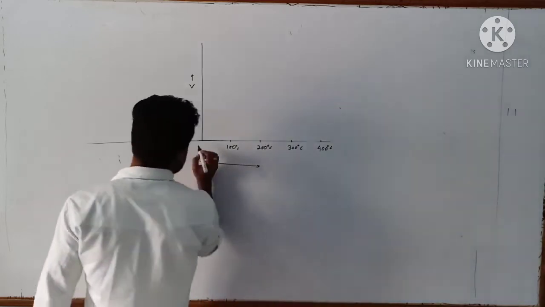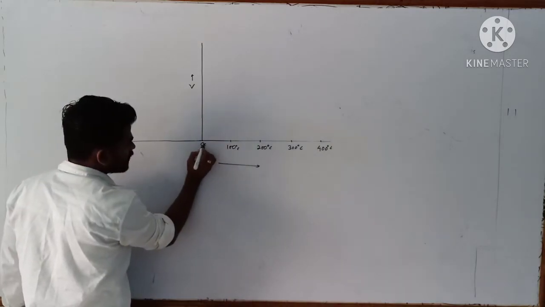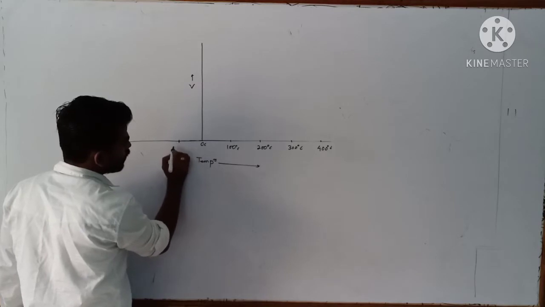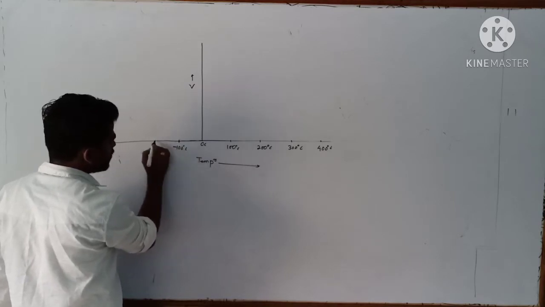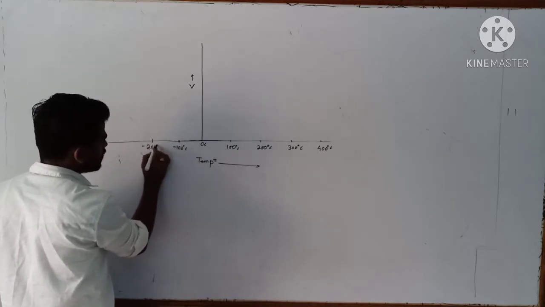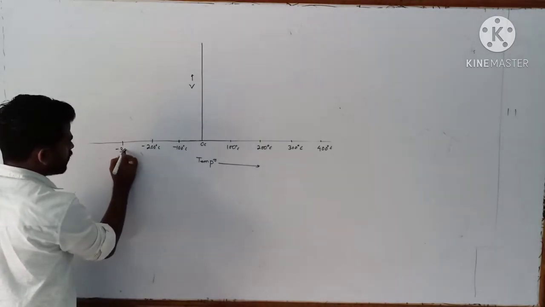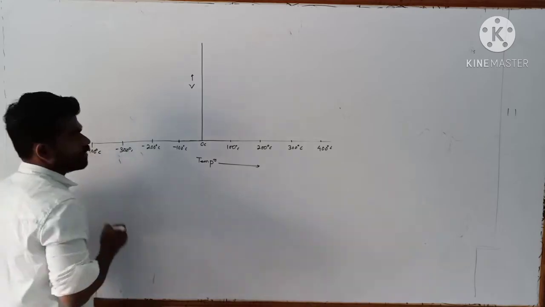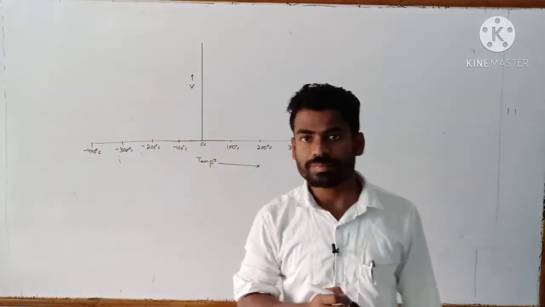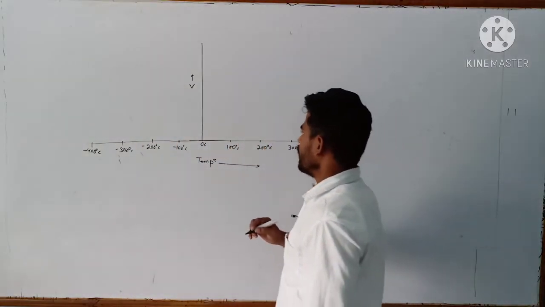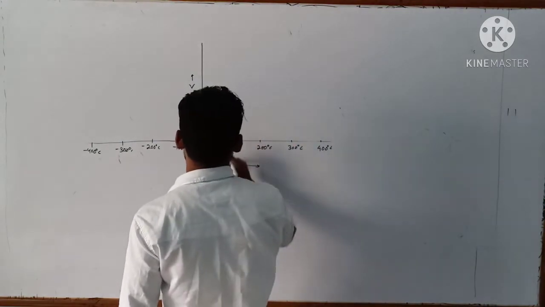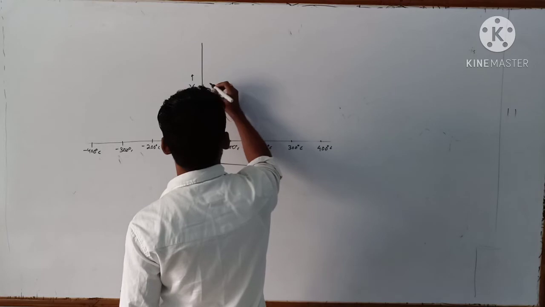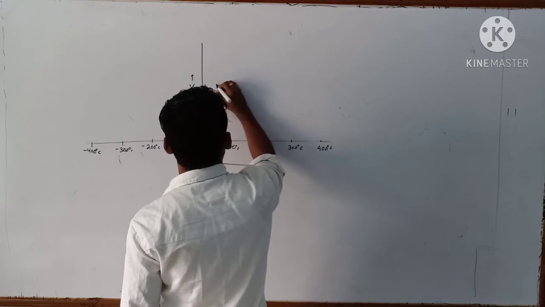Here is 0 centigrade. On this side, this one will be -100 degree centigrade, -200, -300, -400 degree centigrade. So if I do a graph between volume and temperature, the graph I am getting is like this.